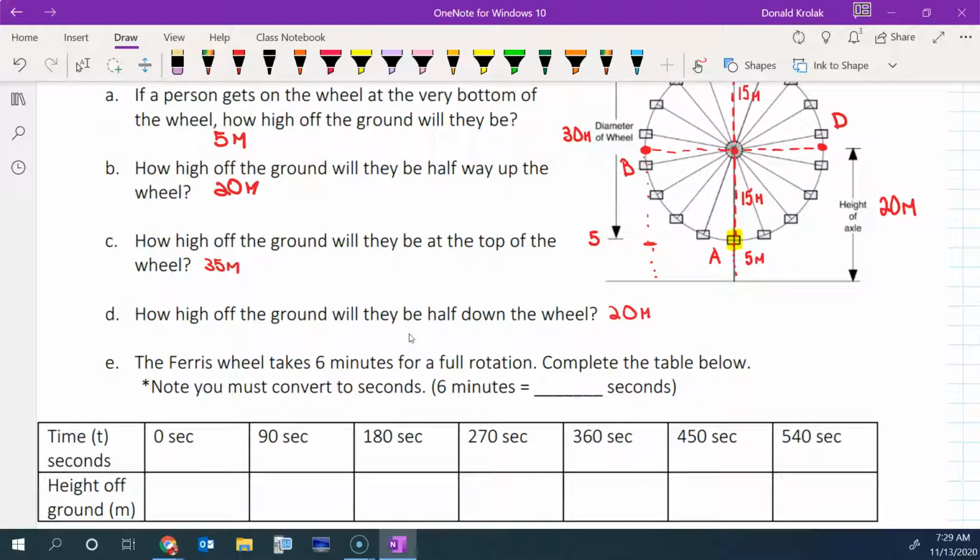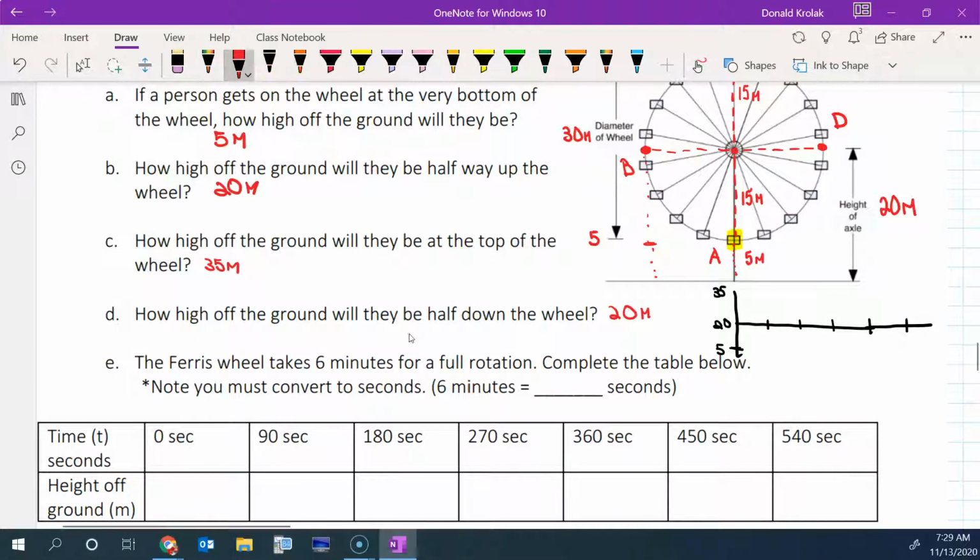Get rid of that. So this graph would actually look like this. Go ahead and erase that one, and let's sketch this one. Then we got 5, 20, 35.